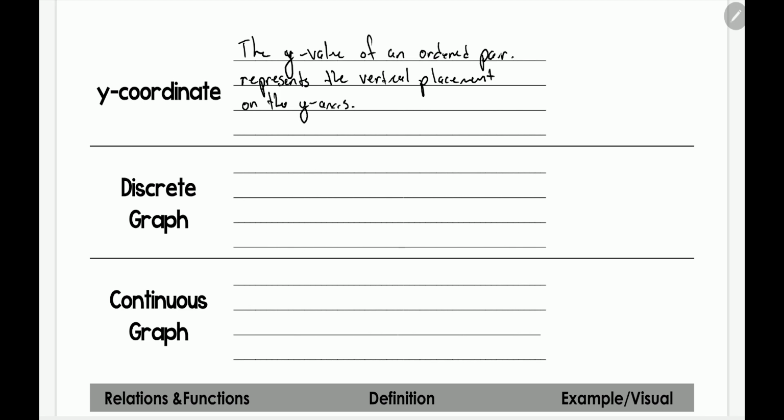Now we have another term. It's a discrete graph. A discrete graph is a graph that consists of points that do not connect. So that are not connected, and that is a discrete graph.